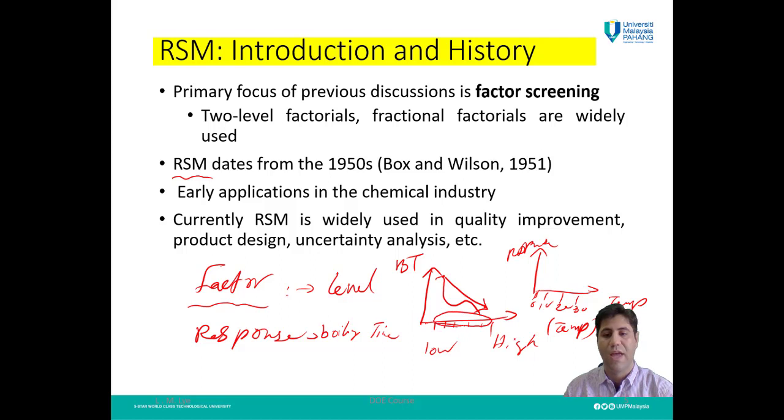We can have a model for the whole range. So the first thing about RSM is that we need to have continuous factors to use RSM to have the surfaces. So this is one reason we need RSM.